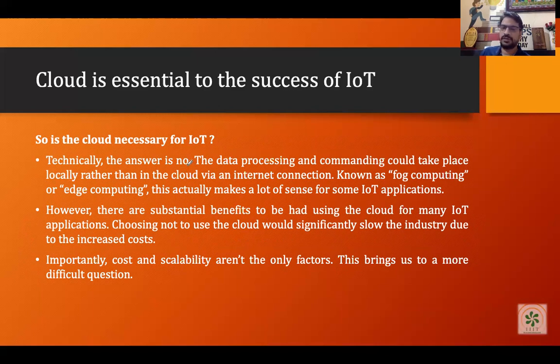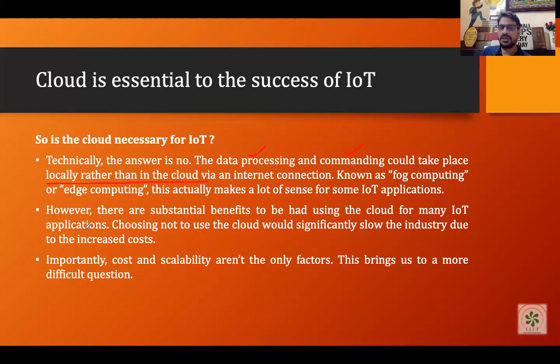Now for that, what do we have to do? Data processing we cannot ignore, right? Data processing we have to do, and commanding, meaning the result. So the data processing, storage, and commanding will all take place locally rather than in the cloud. Can we do that? We don't have to send the data to the cloud.